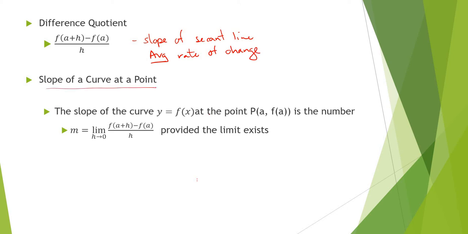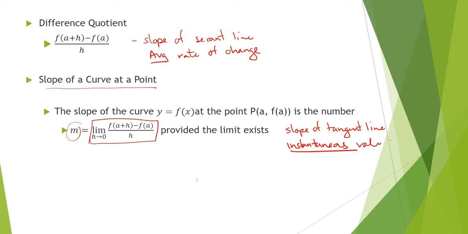Now, the slope of a curve at a point, the point a comma f of a, is the number m, and this time we've added that limit notation. So this is the slope of a tangent line or the slope of a curve at a point, and this is the instantaneous rate of change.